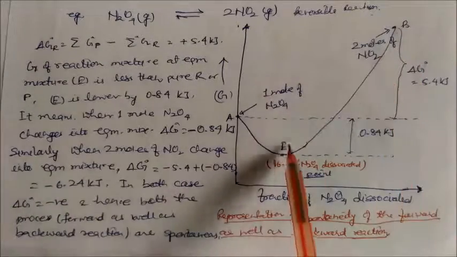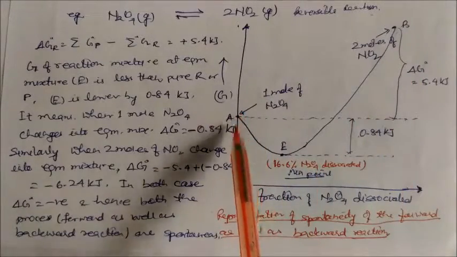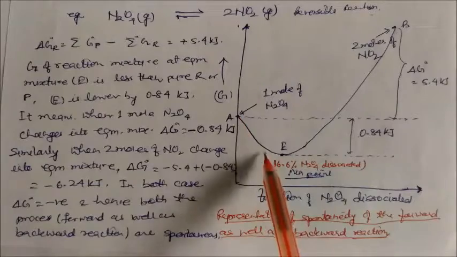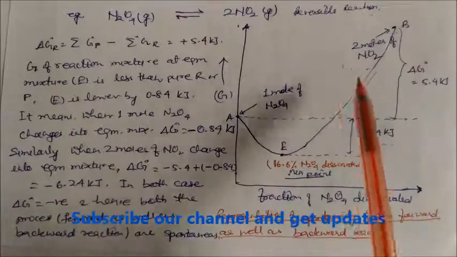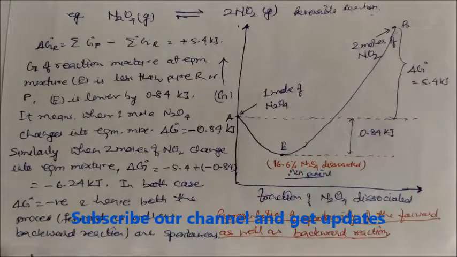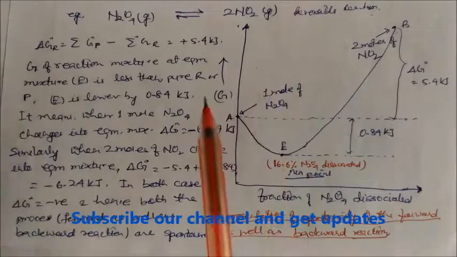This direction is spontaneous, and the other direction is also spontaneous. So forward is spontaneous and backward is also spontaneous. In both cases delta G is negative, hence both the forward as well as backward reactions are spontaneous. This is the representation of the spontaneity of the forward and backward reactions in terms of the diagram.